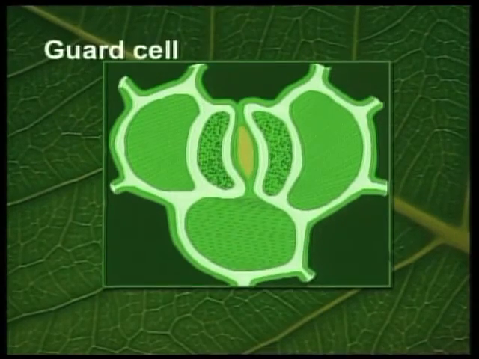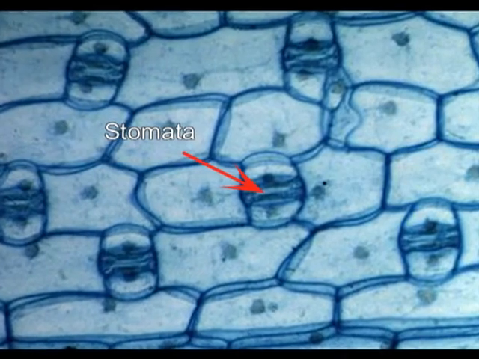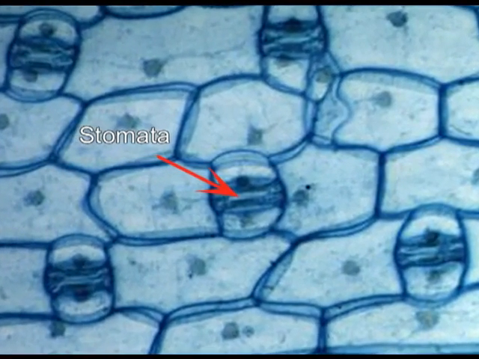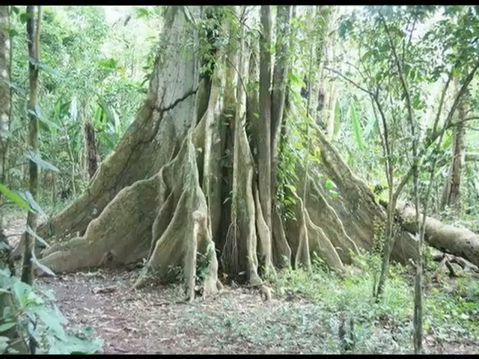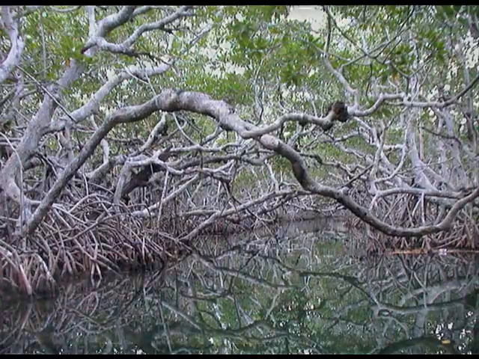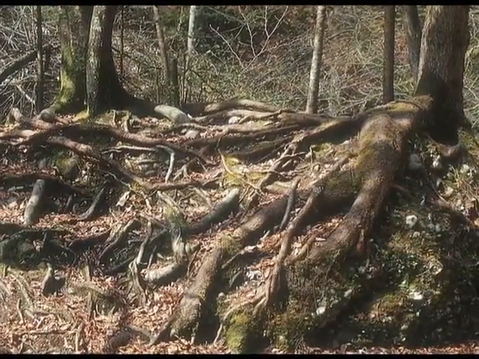Observe that there is a large number of stomata near the surface. These stomata help in exchange of gases. The plants have a deep and well-developed root system which helps in absorbing a lot of water.